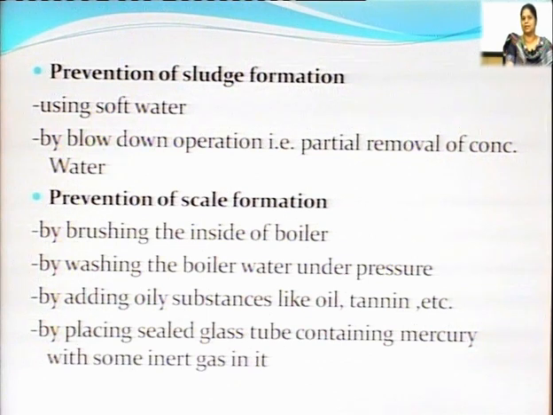So, the sludge does not get deposited or adhere to the surface of the boiler. We can also prevent scale formation by placing a sealed glass tube which contains mercury with some inert gas in it. It also helps in preventing scale formation.